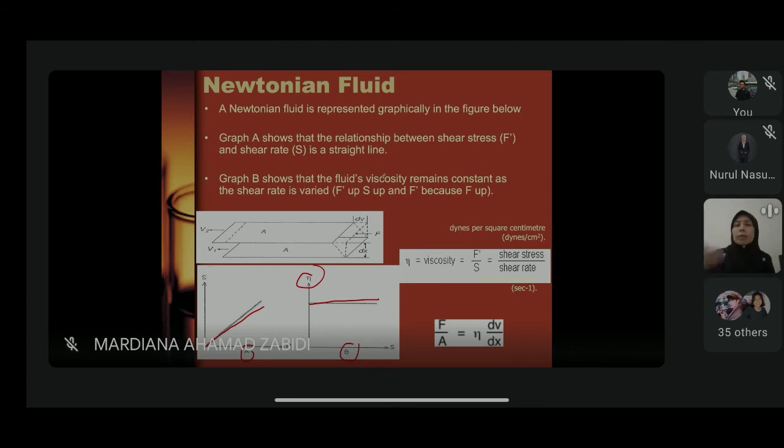And then you stir that particular water. Will there be any changes in terms of the viscosity for that particular water? Water alone, okay, kita tak ada tambah apa-apa ingredient for that particular water. When you increase the temperature and you rotate, you kacau, you mix that particular water, will there be any changes in terms of viscosity?